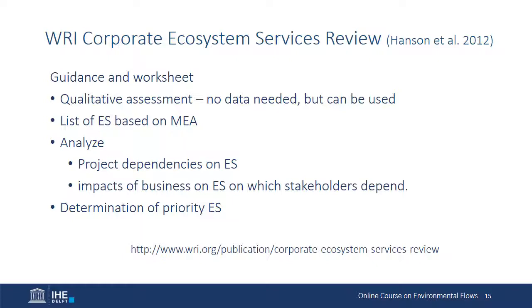This guide might lead to a qualitative assessment if there are no data available, but if there are, they can be used to inform the decisions. Based on the list of ecosystem services provided by the Millennium Ecosystem Assessment, companies can analyze the dependencies of beneficiaries and of their projects on ecosystem services and how the different activities will result in impacts.